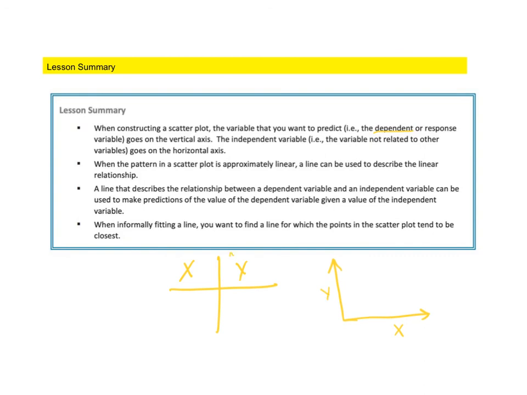Y is dependent on x. Okay. When the pattern in a scatter plot is approximately linear, a line can be used to show the relationship. That line is called a line of best fit, and you want to find a line which the points in the scatter plot tend to be the closest to. That was our strategy. Okay, let's look at our exit ticket.